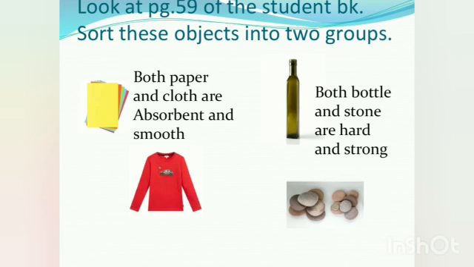The other are hard and strong. The smooth and absorbent ones are the paper as well as the t-shirt, because the t-shirt also has the same property that they absorb water. Next is the glass bottle and the stone. Both have the same property, both are hard and both are strong as well.